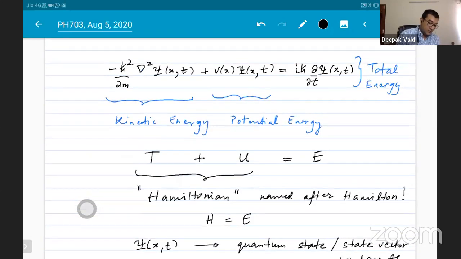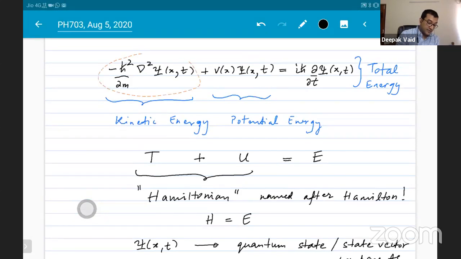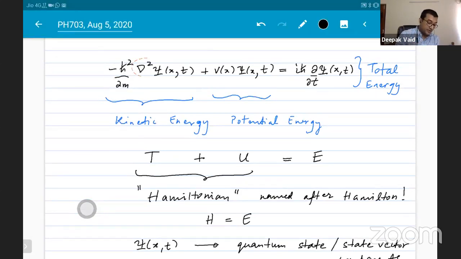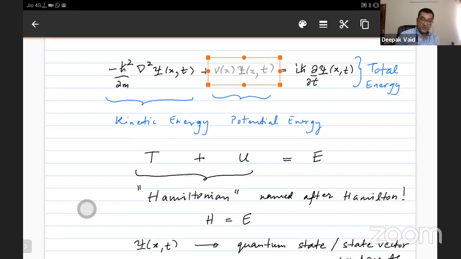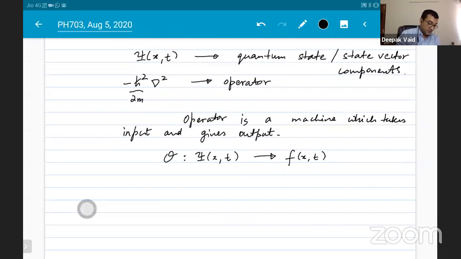Okay. Now, what about this guy V of x? So you see there is a slight difference in these two operators. Here, this derivative operator is doing something to this function. You might say that, well, in this term, the V of x is not doing anything, but it is doing something, right? It is multiplying the function and changing its values, right? So V of x is also an operator.